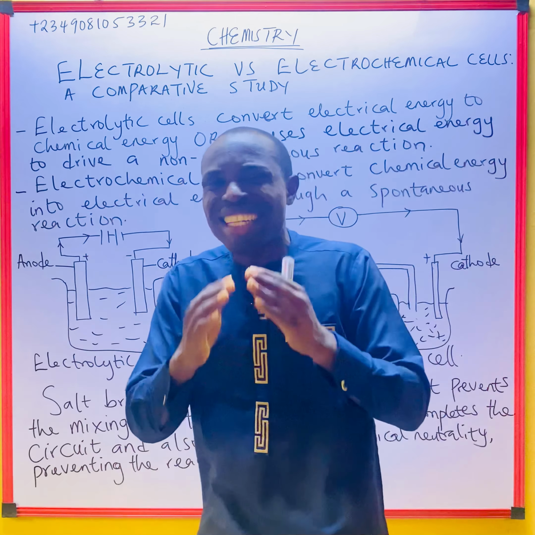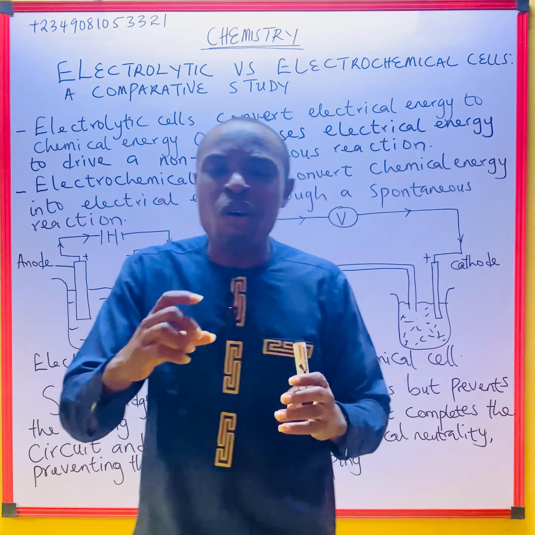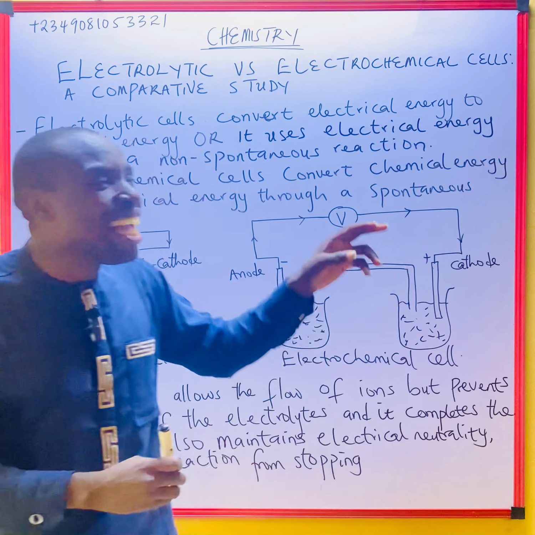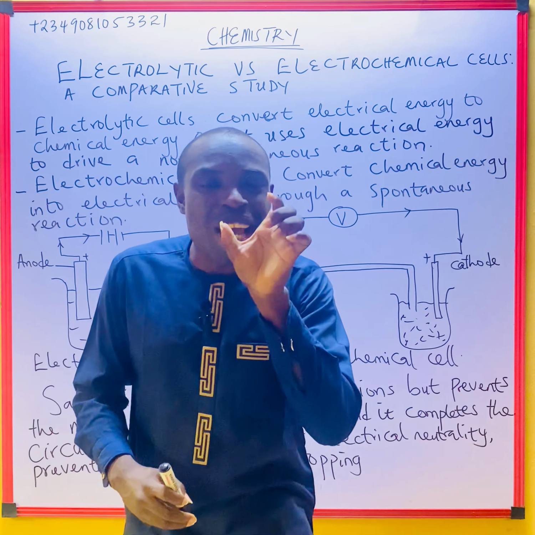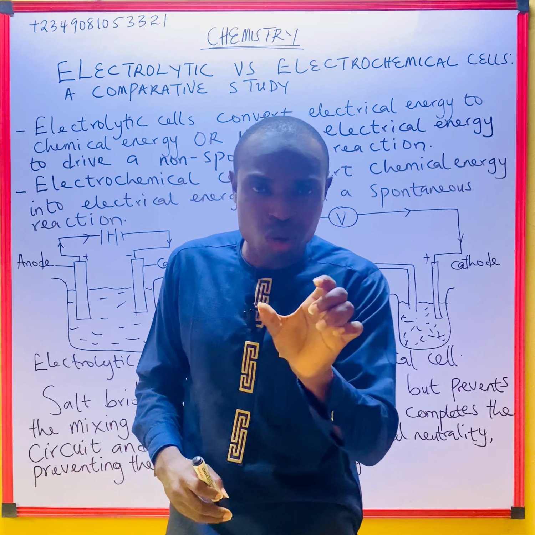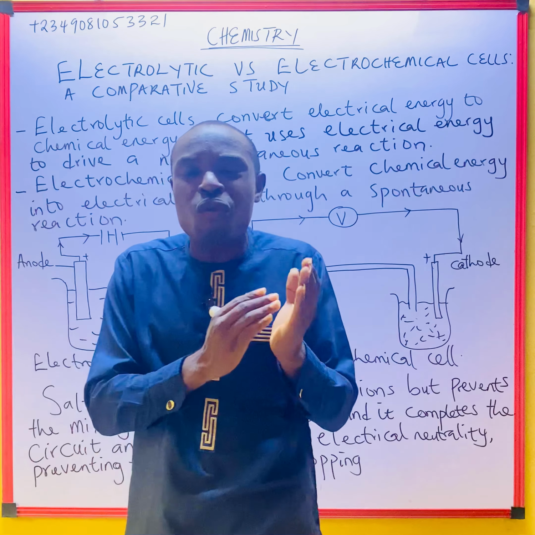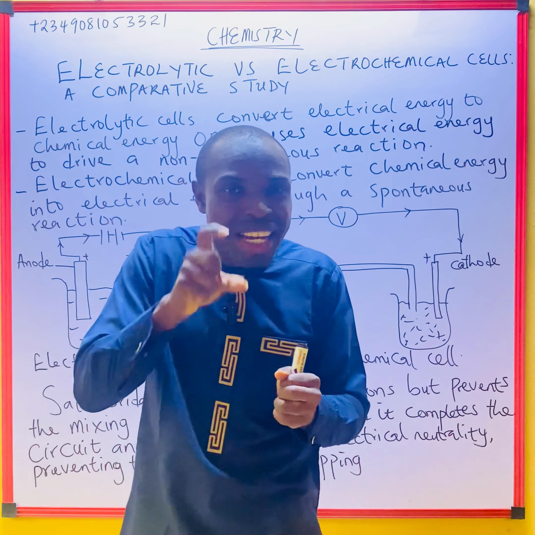Now, what is an electrolytic cell? Simple. An electrolytic cell is a cell that converts electrical energy to chemical energy. Take note, in the case of electrolytic cells, it helps to convert electrical energy to chemical energy.